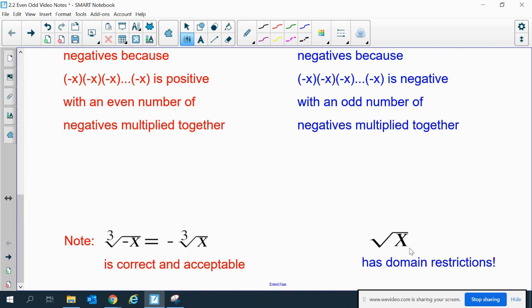So I can't just say that negative square root of x is the same thing as the square root of negative x. They are not equal to each other. That's because they have domain restrictions. In this particular case, you can only have a domain of the negative numbers, whereas in this case, you can only have a domain of the positive numbers, and 0 is actually in both domains.